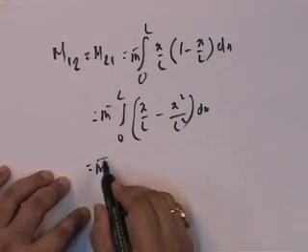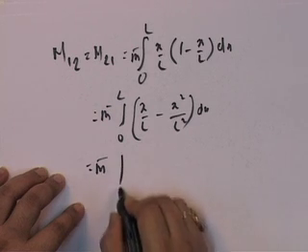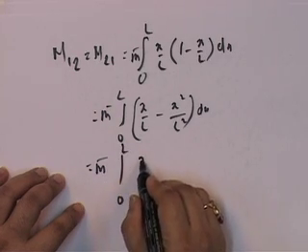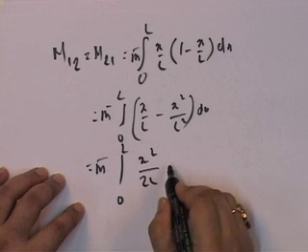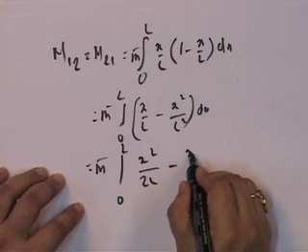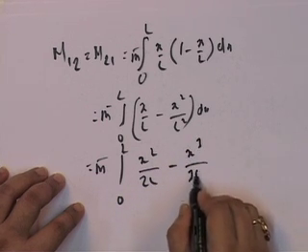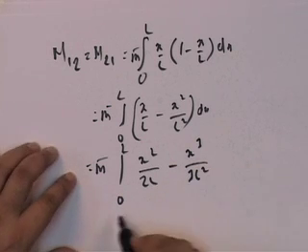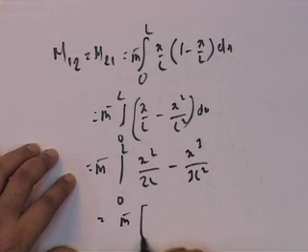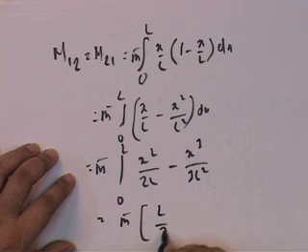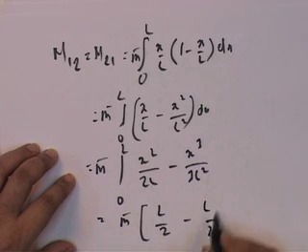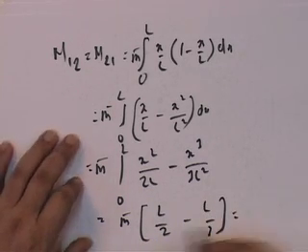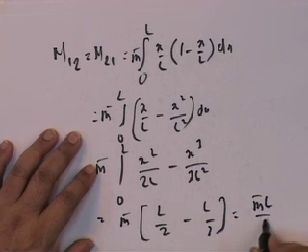So, this is equal to m bar times x squared upon 2L minus x cubed upon 3L squared from 0 to L. So, this basically becomes m bar times L upon 2 minus L upon 3, which becomes m bar L upon 6.